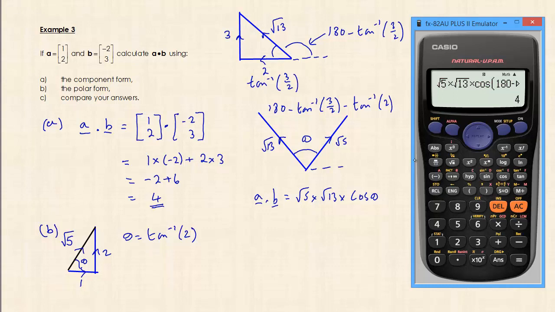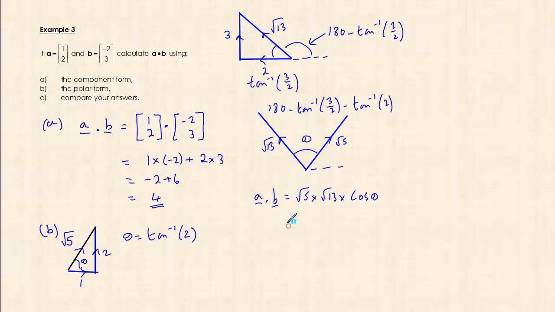That gives us 4, the same as this. So in part C, we can say those answers are the same.